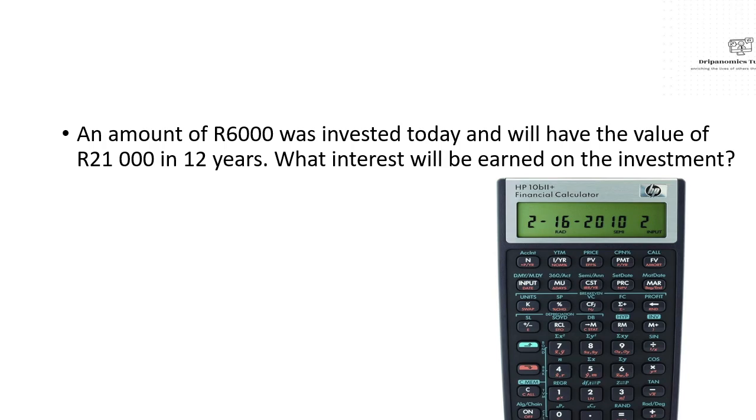One thing: if they do not tell you what the compounding is, you always assume that there is an annual compounding. Like in this question, they told us that it will be 21,000 rands in 12 years, and then it just stopped there. So assume that it's annual. On your calculator, put a yearly compounding, and this 12 will be our n. What interest will be earned on the investment?